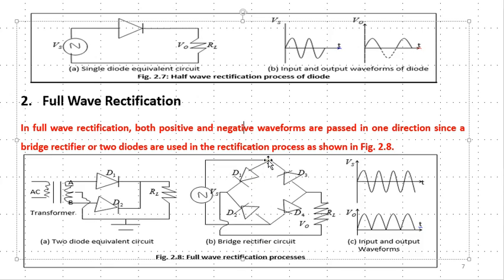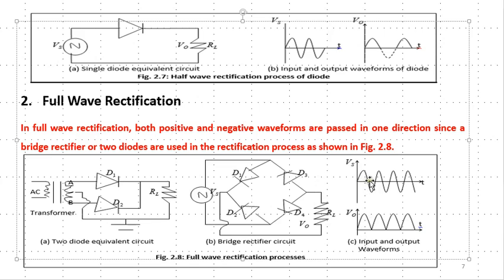So when this is positive, you can see that this diode is reverse biased because this is my cathode, but this one is forward biased because this is the anode. Therefore diode D1 will conduct, but the negative that is coming here will reverse bias this one and forward bias this one, meaning in the first half cycle diode D1 will conduct to the load and my D4 will also conduct to the load, and it will be in this positive direction.